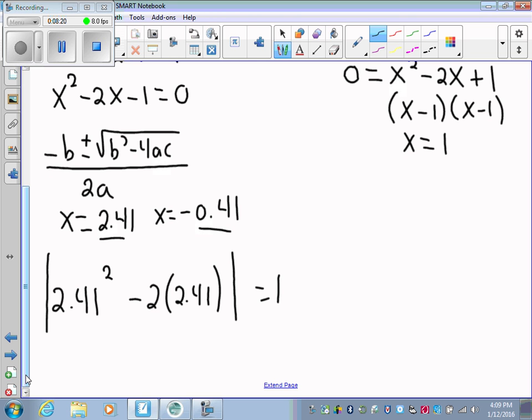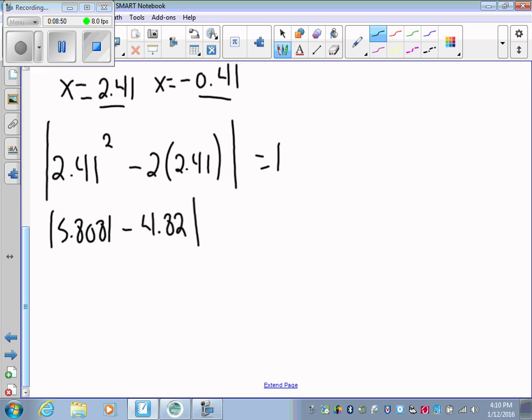So 2.41 squared is equal to 5.8081 minus 4.82, and so that's going to give you an answer of .99881. So we're pretty close because we rounded. If we had used the exact values, we can assume that that's right. It's fairly close. If we rounded it up, it would be 1.